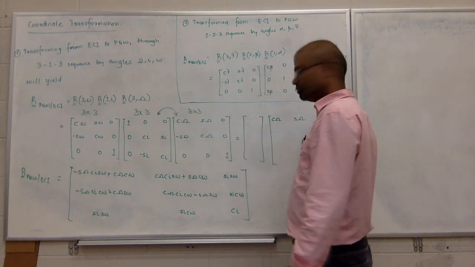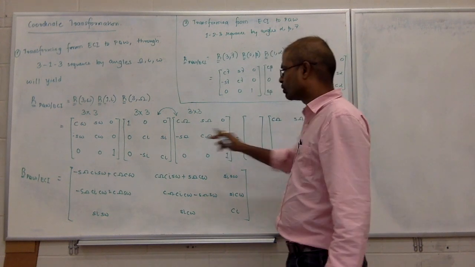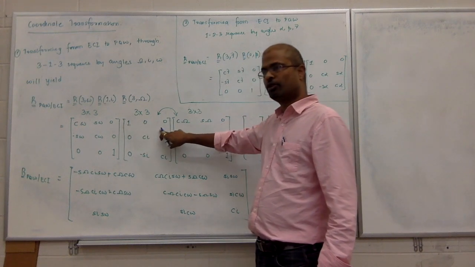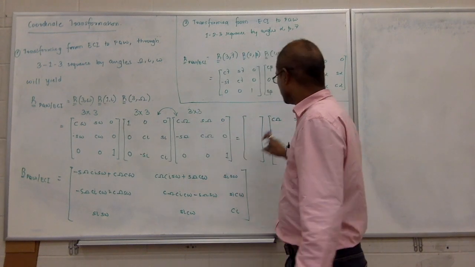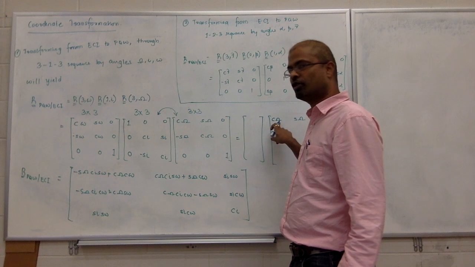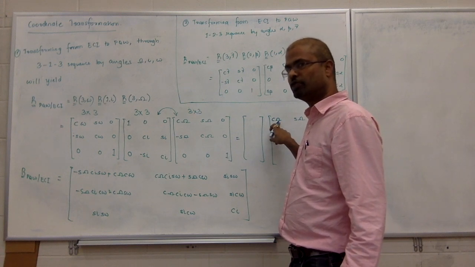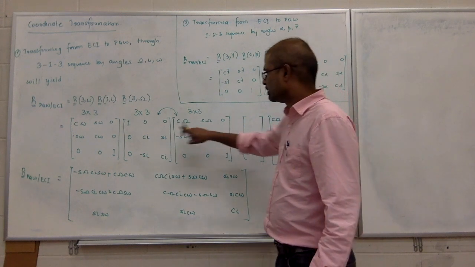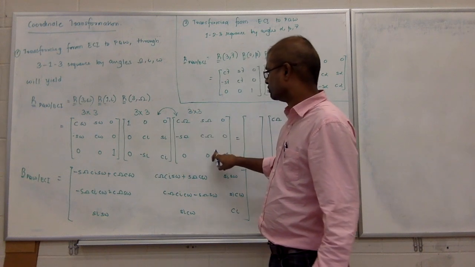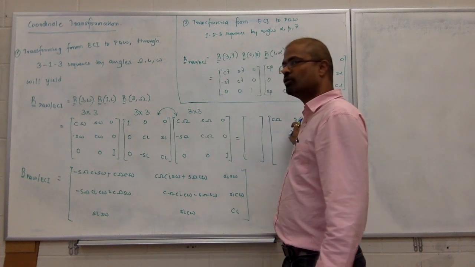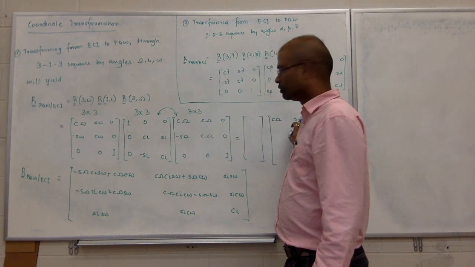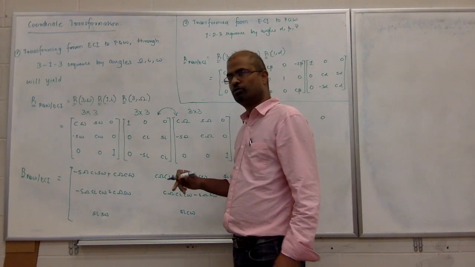You see it? This is the element in the first row, first column. This is the element in the first row, second column. So that is how you do it.